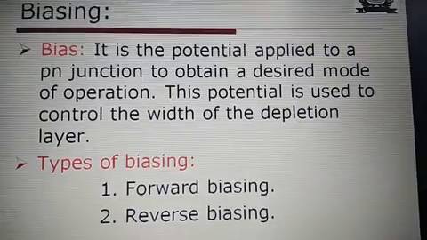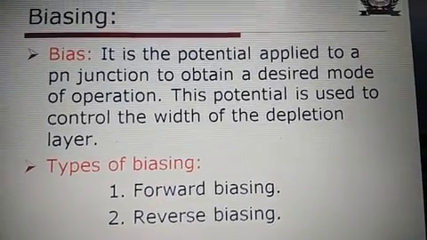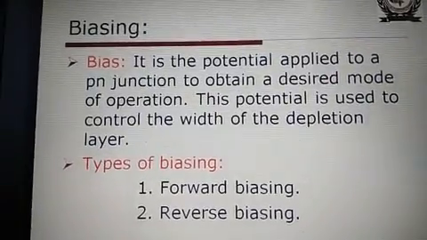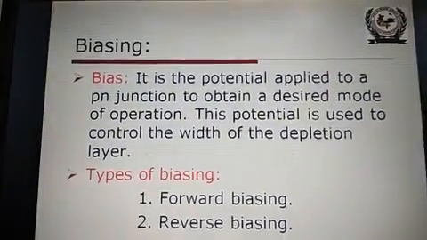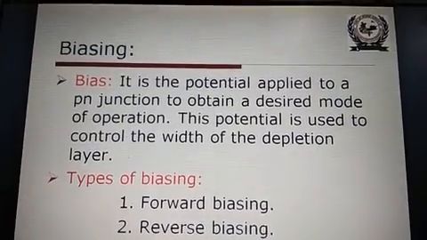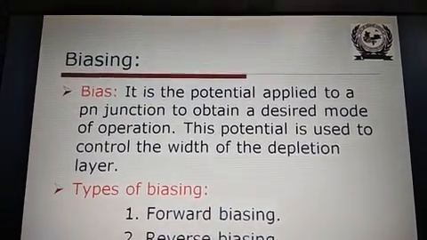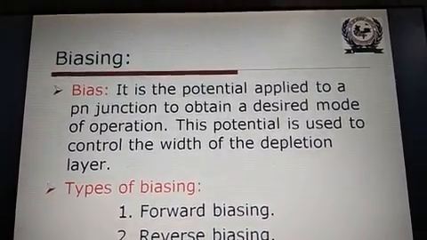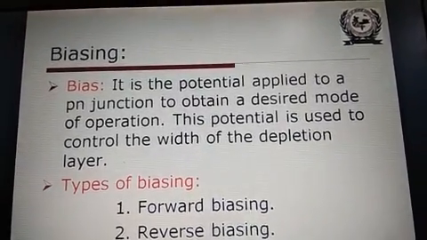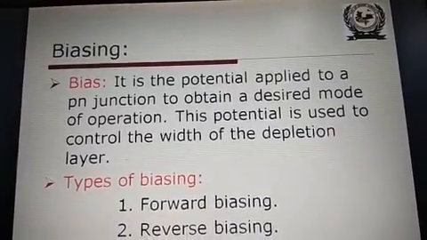The potential is used to control the width of the depletion region. The P side and N side will be connected to the battery, and this will provide the potential to the P type material and N type material, so that the junction depletion layer will be controlled.